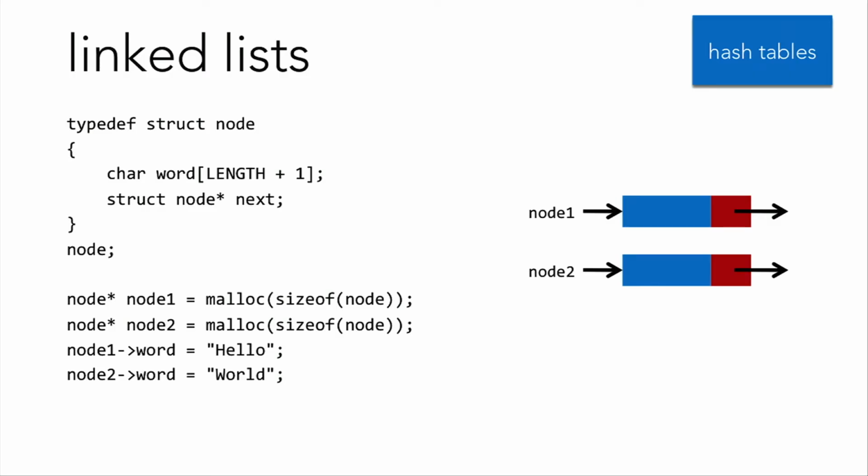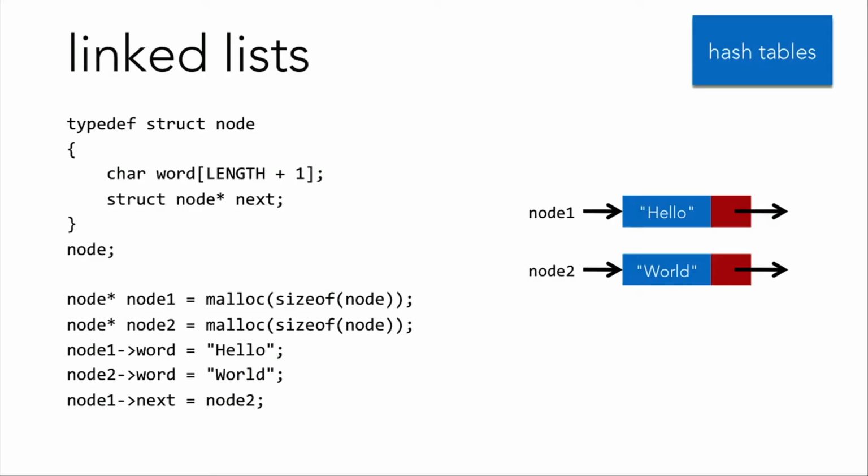This way we don't have to use both the dot and the star operator. So then I have node2->word equals "world". And there the values are populated in my nodes. To make the links, I'll set node1->next, accessing that node star, that node pointer, equals node2, pointing node1 to node2.